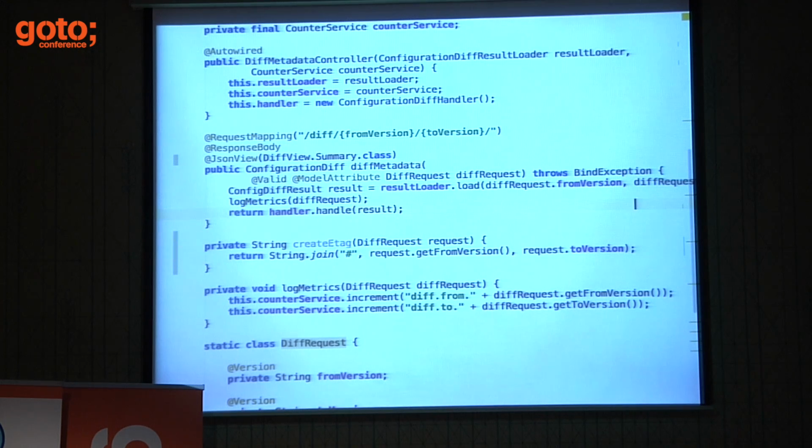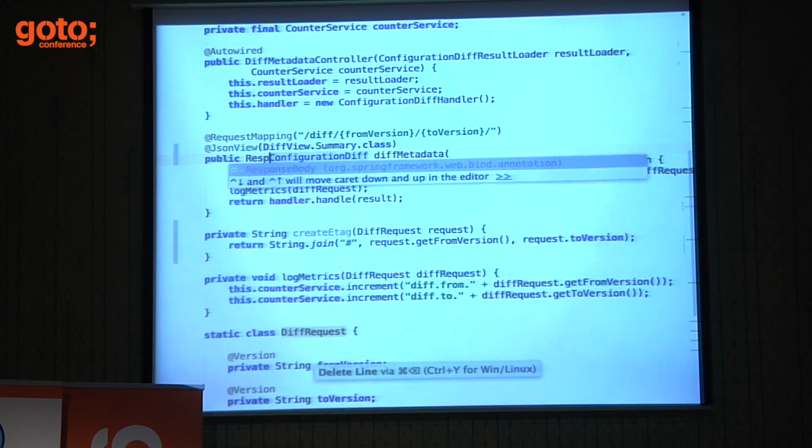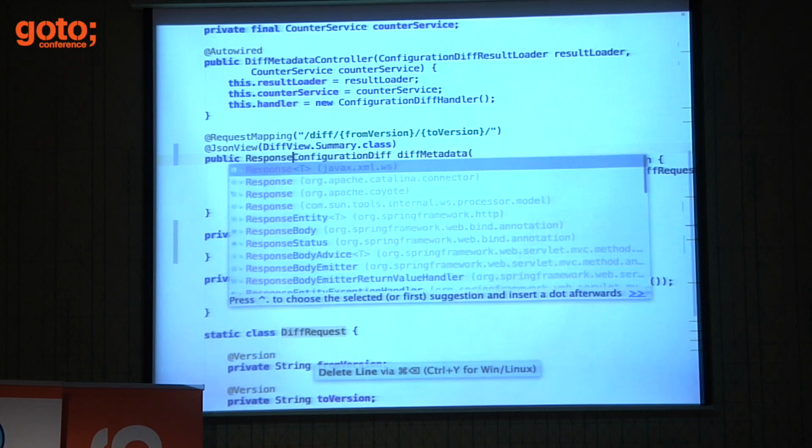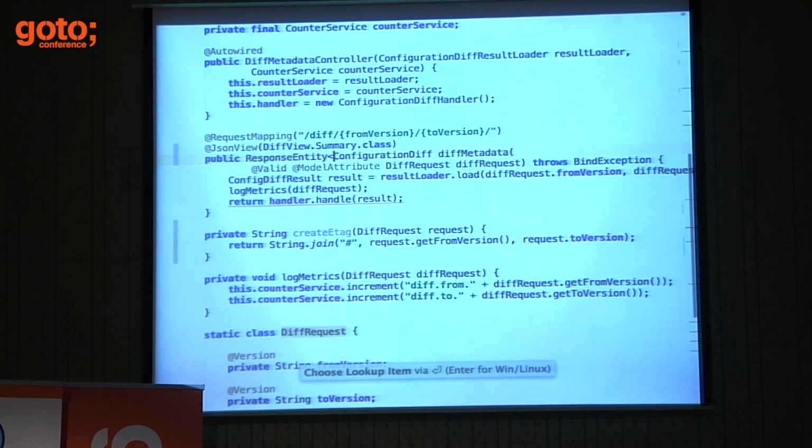Now we need to leverage that one in our response. And to do that, instead of sending back a configuration diff, the object that you want to directly serialize, you can send back a response entity of that object. And that way you can send that object but still customize the response in any way you want.